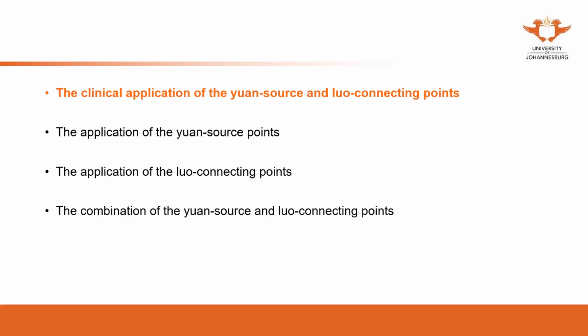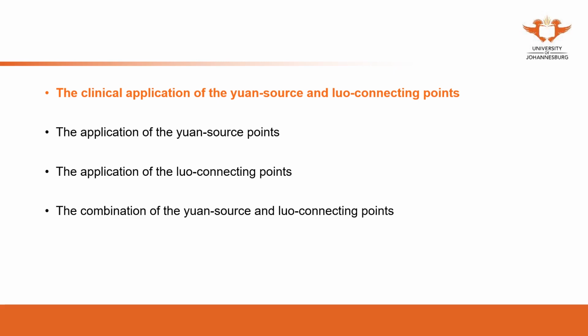From this clause, we also understand that the Yuan source points have the efficacy of treating diseases. These points also have diagnostic value. What do I mean by diagnostic value?